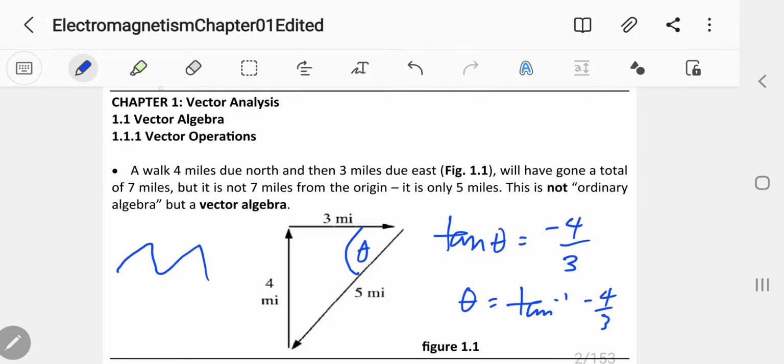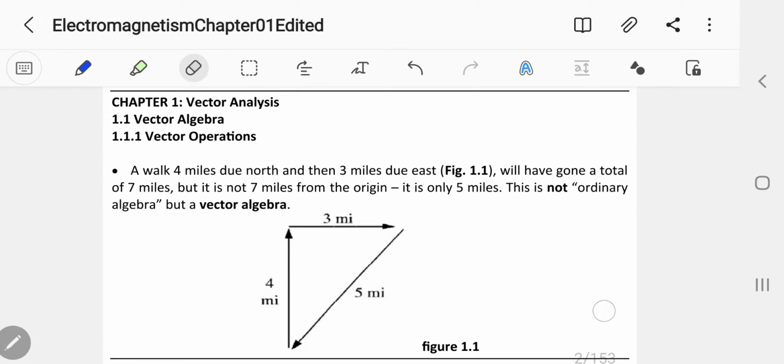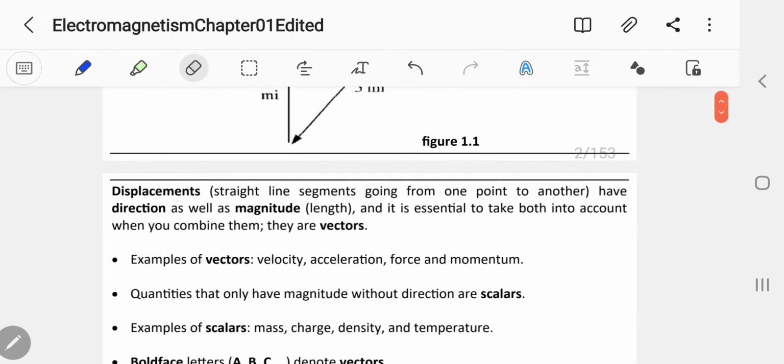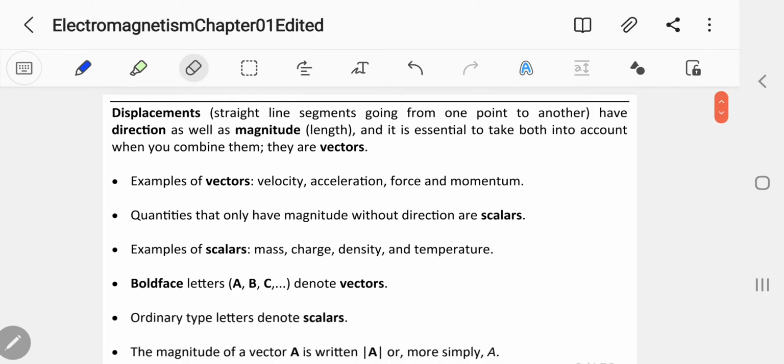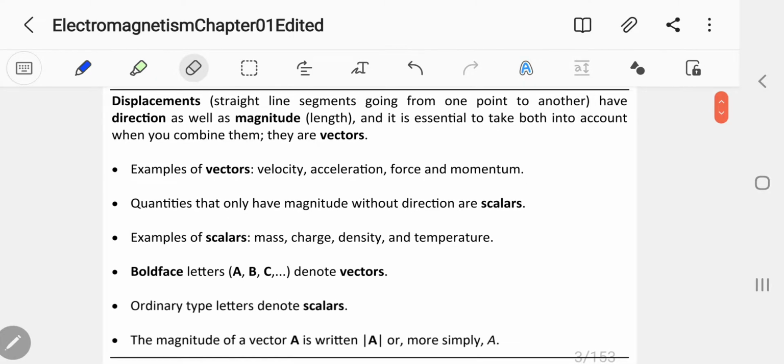That's just an example. Displacements are straight line segments joining one point to another. So you have a direction there and a magnitude.